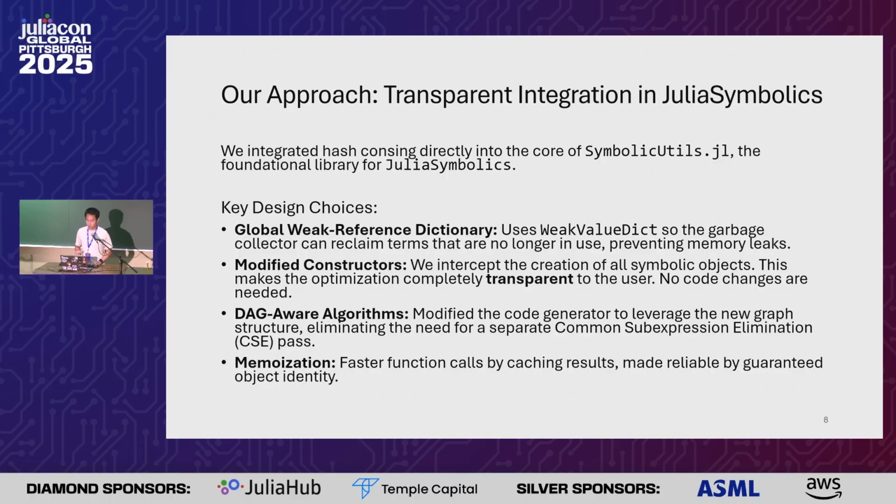We use a weak reference dictionary to work with Julia's garbage collector, and we also update downstream algorithms so that they are aware of the structure of the directed acyclic graph and can leverage the new structure.